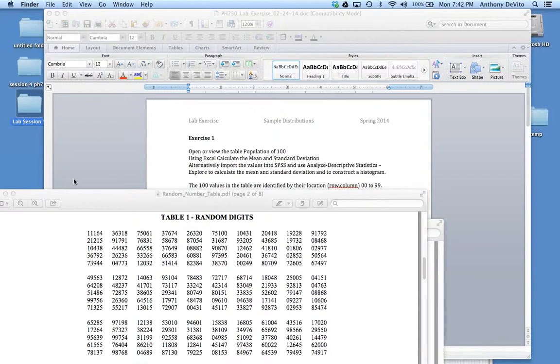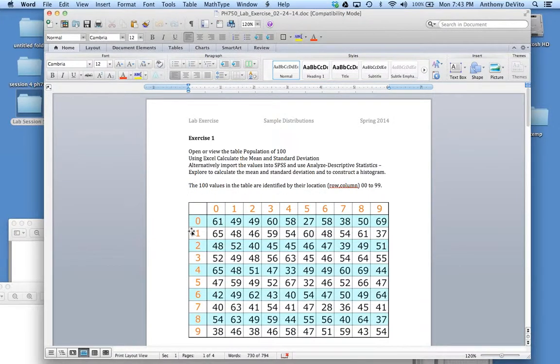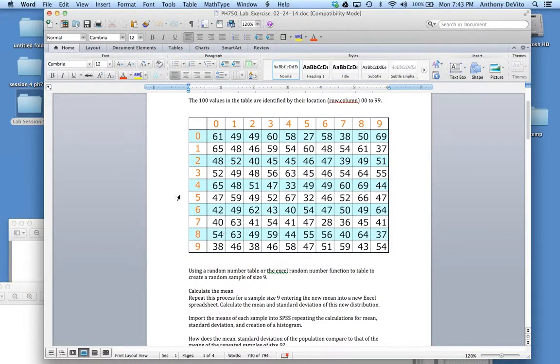So we need to find a way to select those people in a truly random manner. Well, how do you get random? If this represents my population, these 100 numbers, and each one of these represents a person, identified by a row and column.